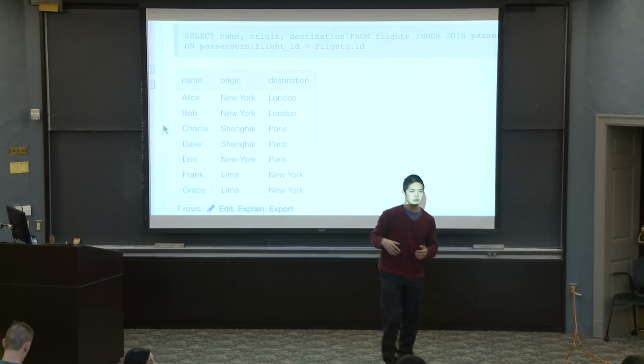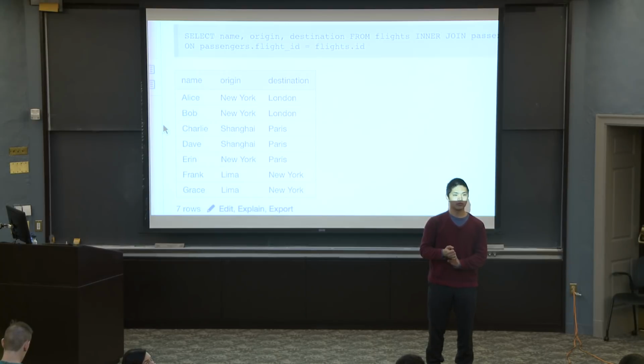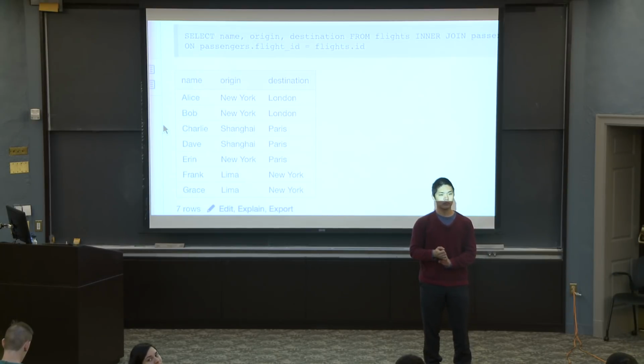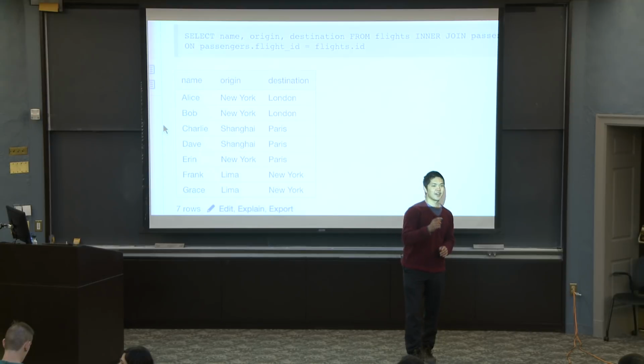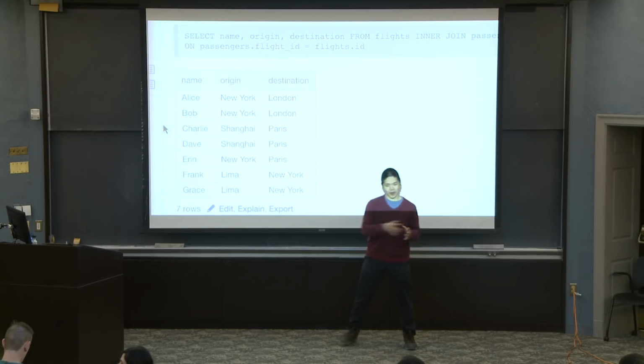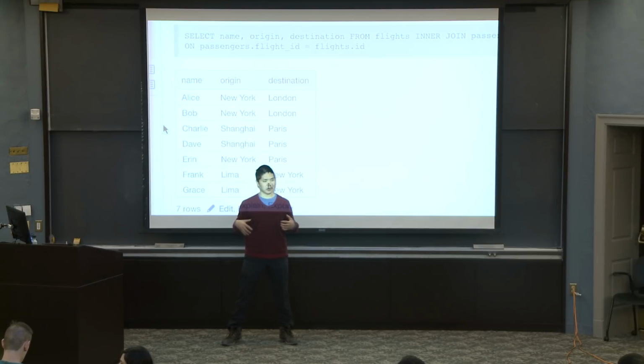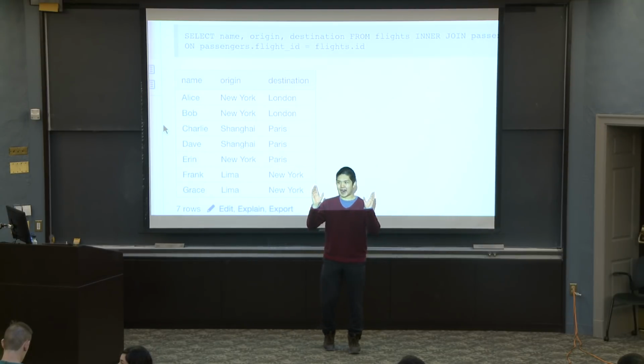Yeah? If you have two tables that you're trying to do this with, and there happens to be the name of a column that both tables have, can you just not reference that name? Excellent question. So what happens if I'm doing this select query and two tables have a column that have the same name?